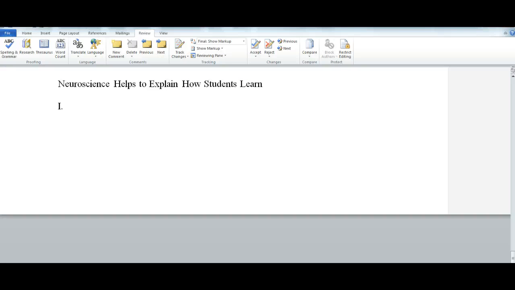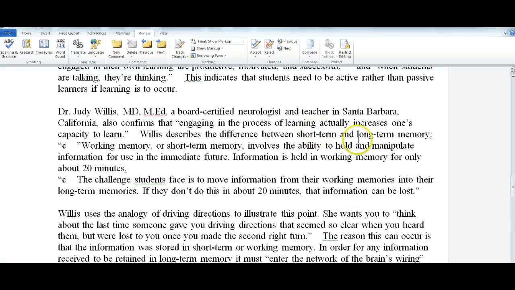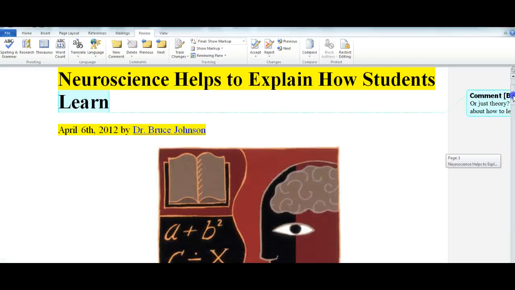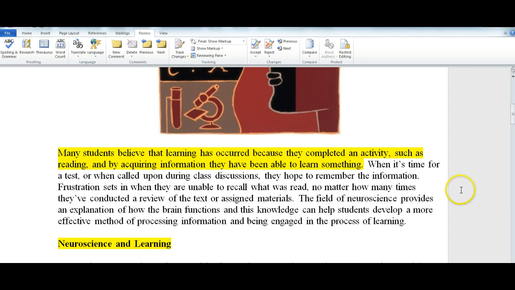It doesn't have to be formal, it doesn't have to be perfect or anything like that. You can just do it with bullets. In the first section, they give me a little introduction. I like to always look at the introduction because, as someone who writes, I want to know how people bring someone in, how they begin a big piece on this. So I go back and look at the introduction. Frustration sets in.